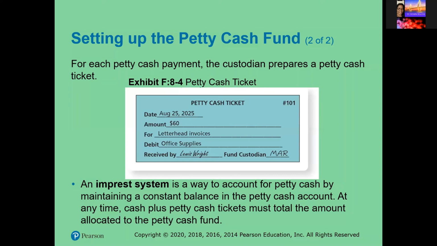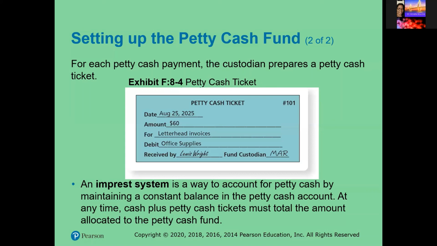At any time, cash plus petty cash tickets must total the amount allocated to the petty cash fund. For example, if you have cash of $100 and you have petty cash tickets, that must equal the total amount. Here we see a petty cash ticket for $60.